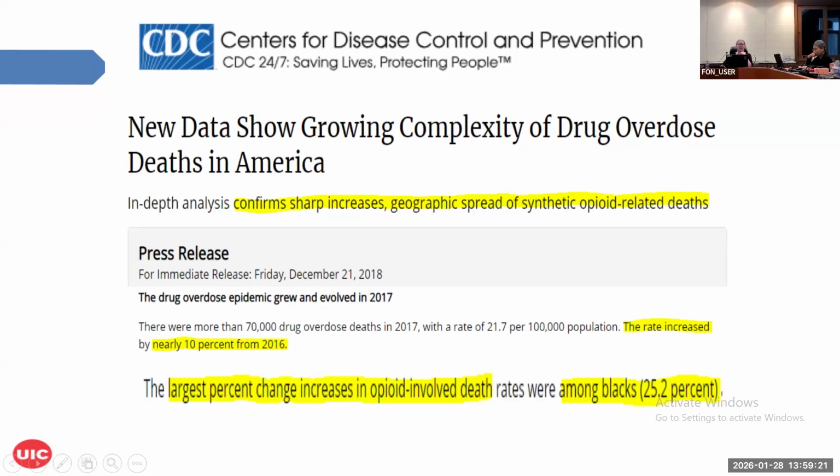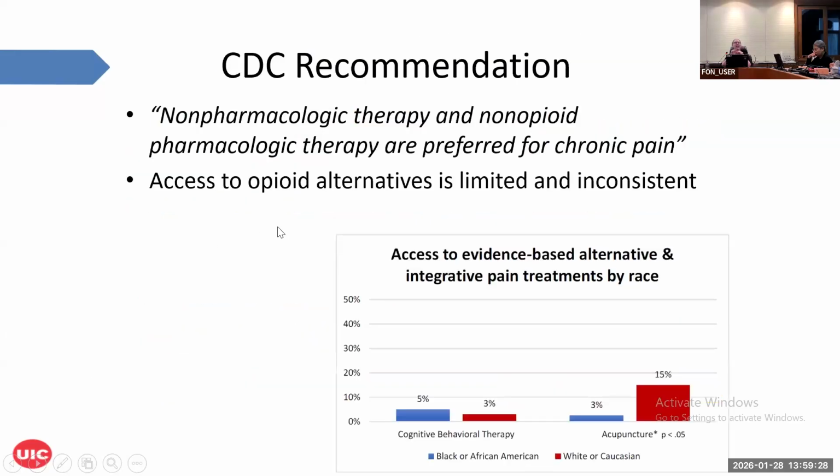So this was really a United States embarrassment, if I can say, that we realized that we really had a big problem related to opioids.